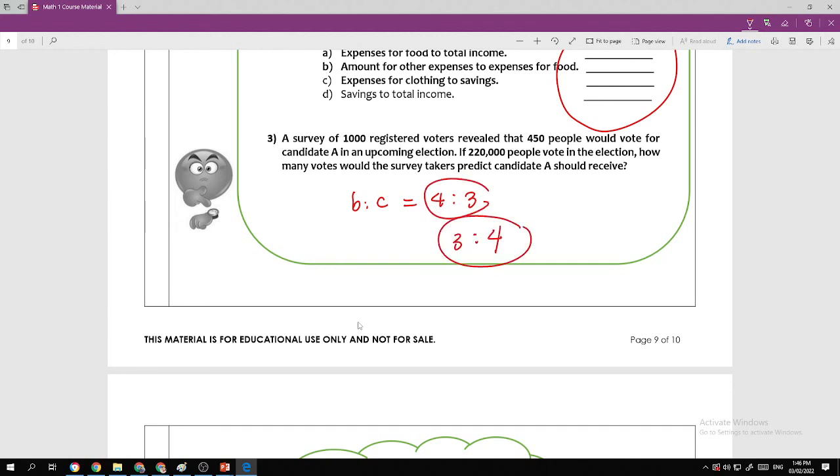It cannot be reversed. It must be 3 is to 4. 4 is to 3 is wrong. Okay? Thank you. Some more questions, by the way?